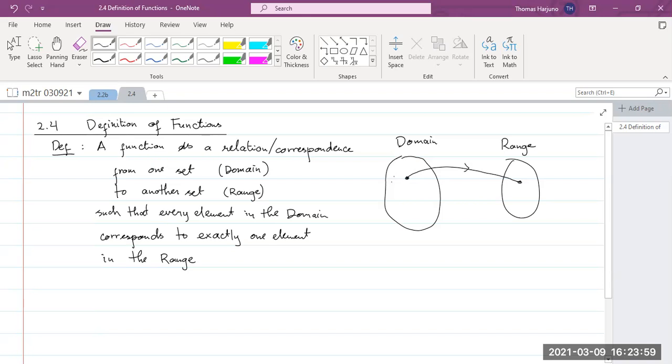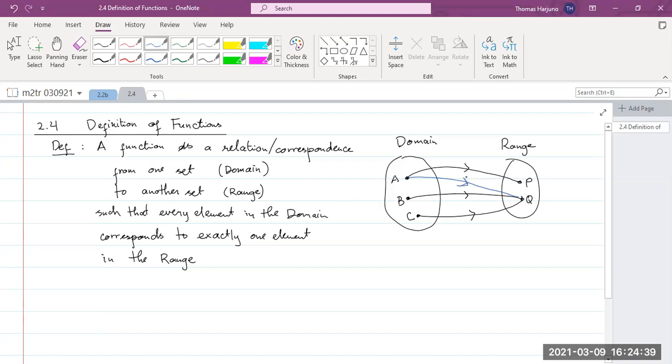Let's say A corresponds to P, B corresponds to Q, and C corresponds to Q also. The restriction is on the domain, that every element in the domain corresponds to only one element in the range. The restriction is not on the range, only on the domain. So once you have an element in the domain corresponding to two elements in the range, then that's no longer a function.